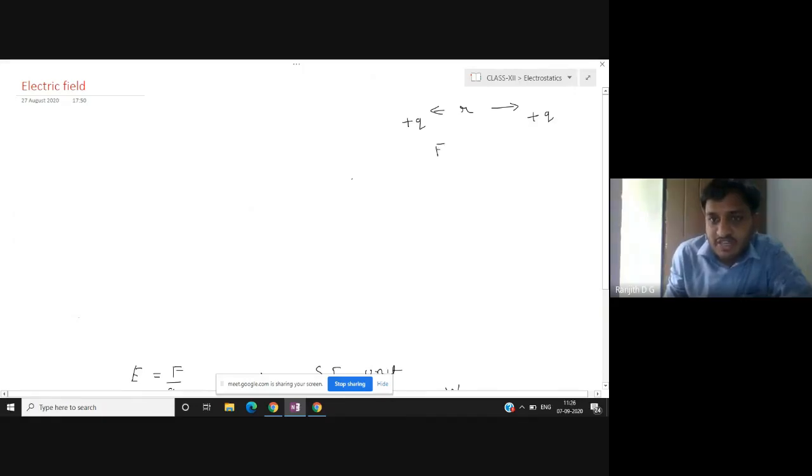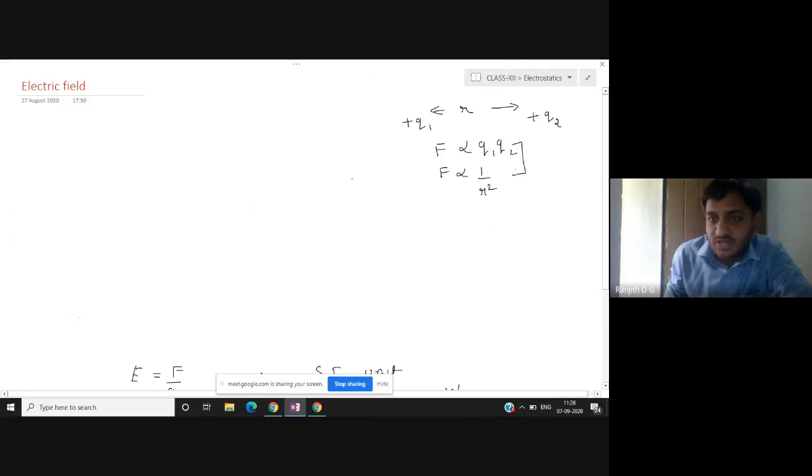That force is directly proportional to the product of the two charges, Q1 and Q2, and inversely proportional to the square of the distance between them.